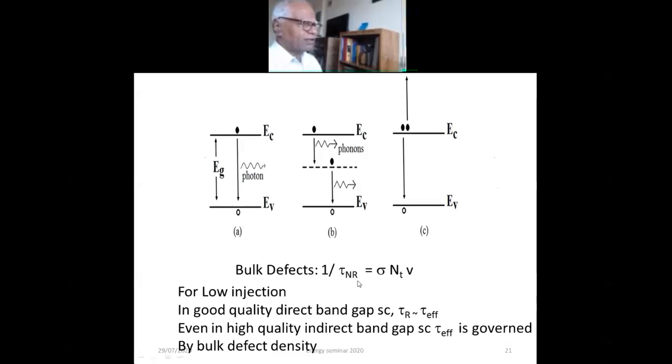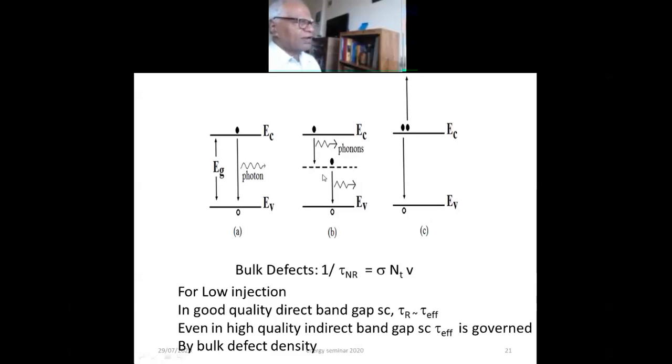So 1 by tau is the probability of capture by this defect multiplied by the number of defects multiplied by some velocity. So what this means is that the non-radiative lifetime is controlled by the number of defects that you have inside the sample. And so if you make your sample better and better, this part of the non-radiative lifetime can go away.